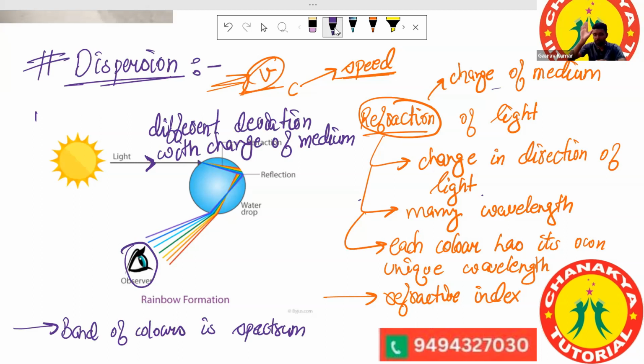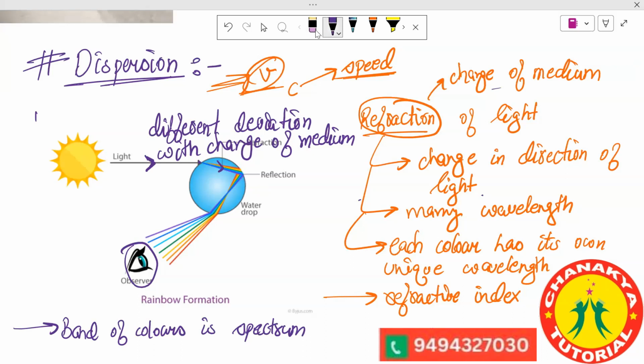You can say the red will deviate less, blue will deviate more, likewise. So that's how these lights are deviated. These lights are broken into many parts, and it gets reflected inside this water drop. This reflection also involves a total internal reflection, which is a different phenomenon that I will explain in the next class.